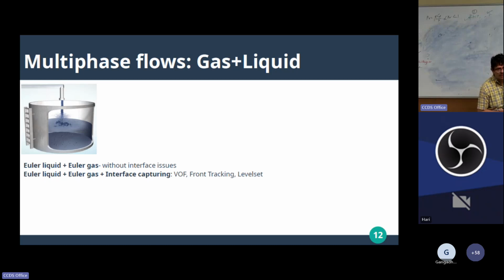You can't ignore that, but still we do not have models for that. The easiest model is that I really don't care about all these interfaces, but I will treat one liquid as one Euler phase, another liquid as another Eulerian frame, club them with some terms, or don't club them with the terms, and try to solve it.